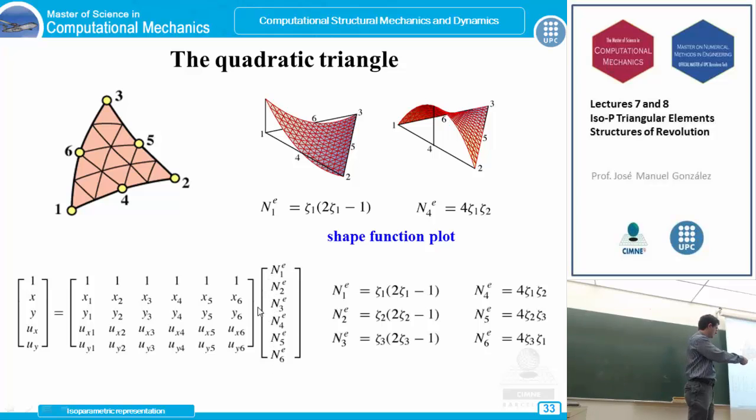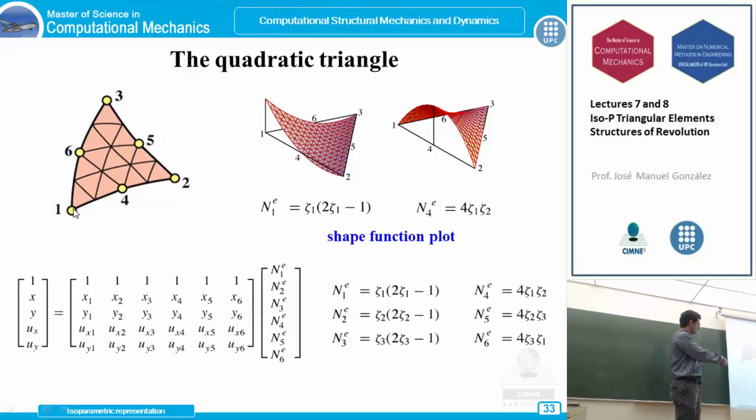These 6 shape functions are calculated again using the same idea as we used in the quadrilateral elements, which is that we have 6 nodes, so 6 shape functions, 1 per node. For this corner node, the corner shape function must be 1 in this node 1 and 0 in the other 5 nodes.